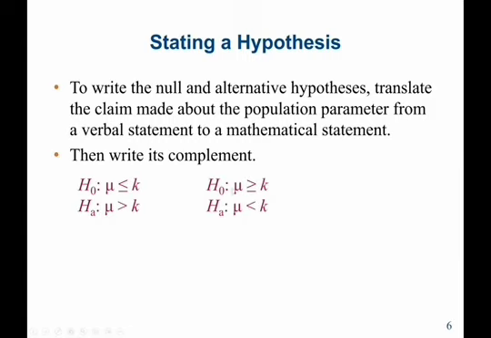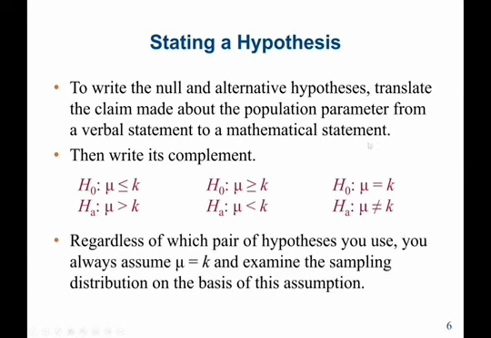Another example here, if mu is greater than or equal to K, then for the alternative hypothesis, mu will be less than K. Or if mu is equal to K, then HA will be not equal to K. And normally, if mu is equal to K and HA is mu not equal to K, we call this the two-tail test.